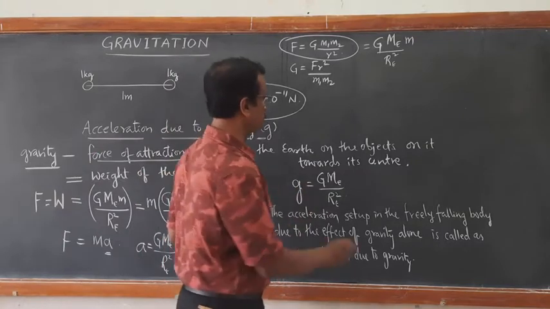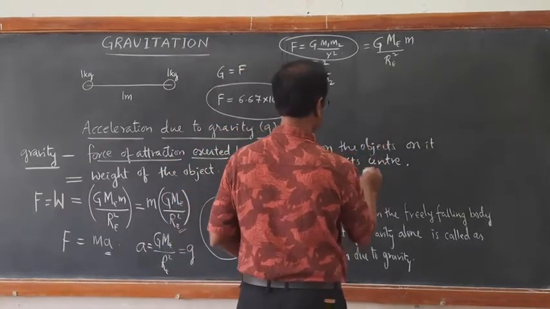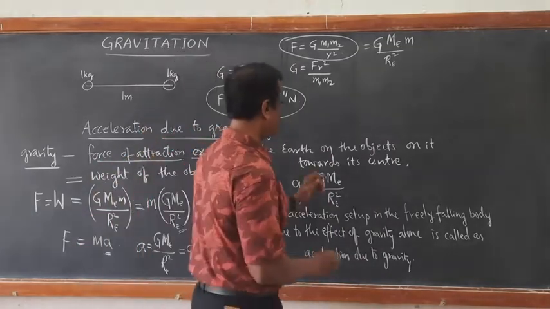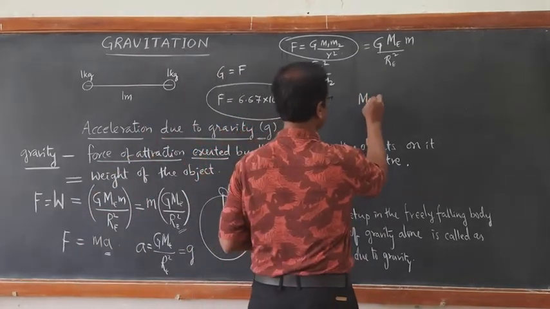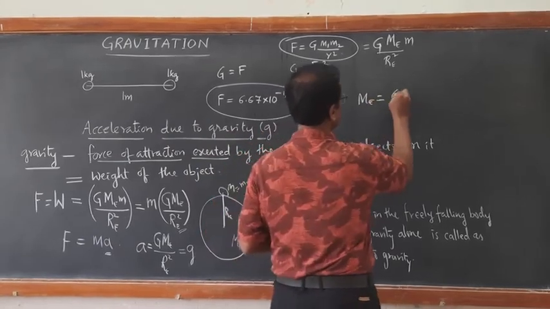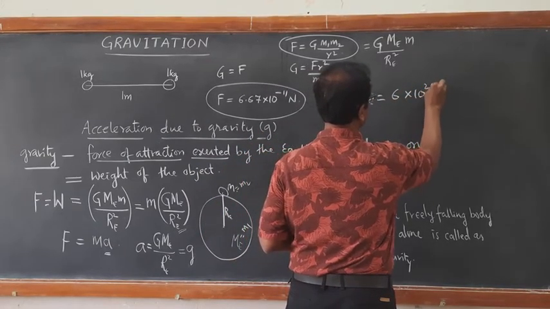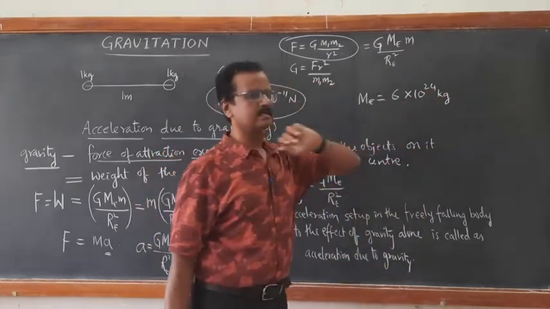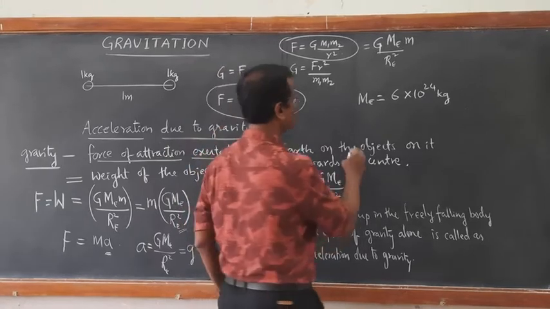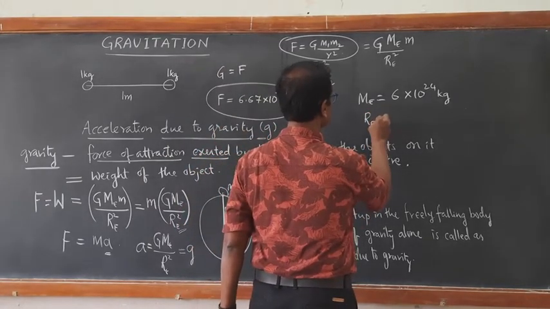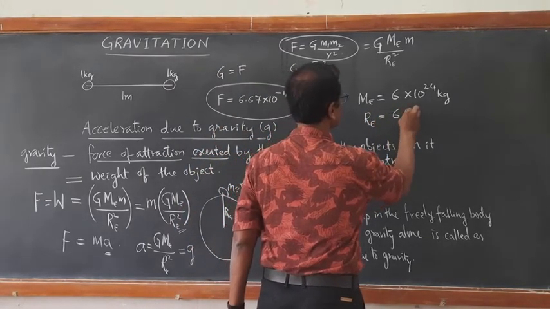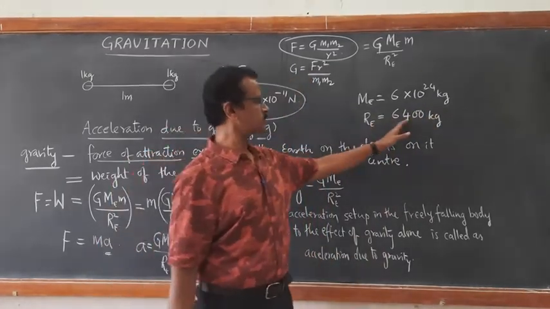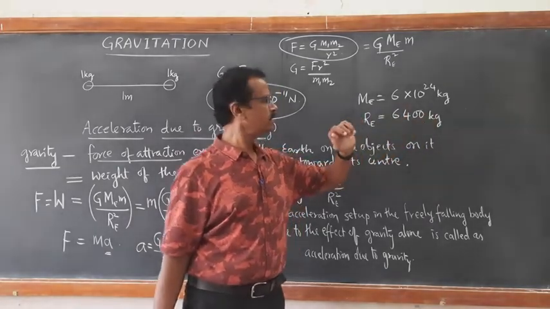So if you substitute the value of G, we have 6.67 into 10 to the power of minus 11 Newton, and mass of Earth is 6 into 10 to the power of 24 kilogram. It is 5.9 something, so let us take approximately 6 into 10 to the power of 24 kilogram, and radius of Earth is 6,400 kilometer. It is exactly 6,371 kilometer.